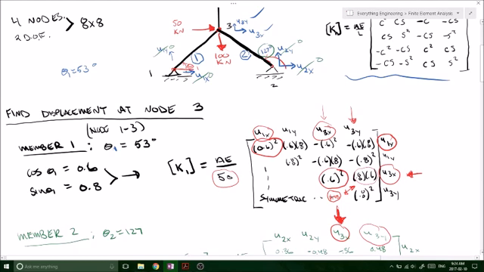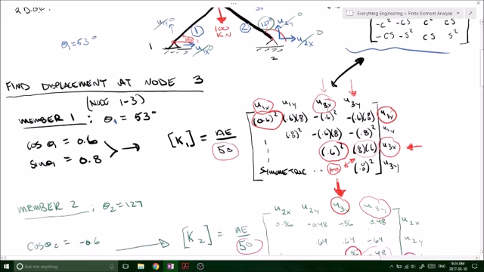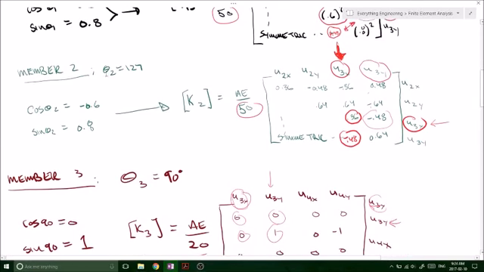All right, so we had our angle of 53 degrees. We calculated our cos of that angle, our sine of that angle, plugged it into our big matrix with all of our cosine and sine angles, and we got our local stiffness matrix for our first member. Did the exact same thing with the second member. We are standing at node number 2, looking at node number 3, so we have our 2's and 3's in our local stiffness matrix, and we had an angle of 127 degrees.